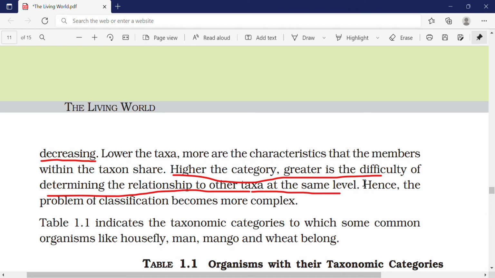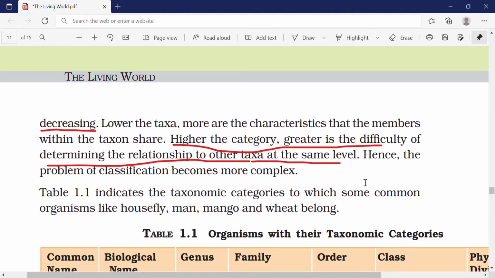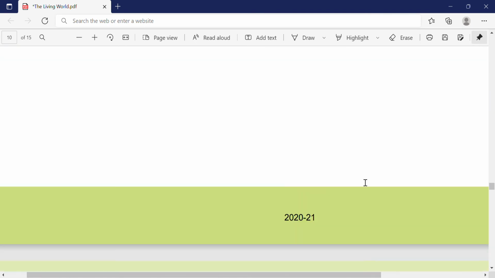The higher the category, the greater the difficulty to determine. If you take the lowest taxa, they have more similarities and you can easily identify the organism. But as you move to the upper side, you will not have many similarities, so it will be difficult to understand which organism you are seeing.